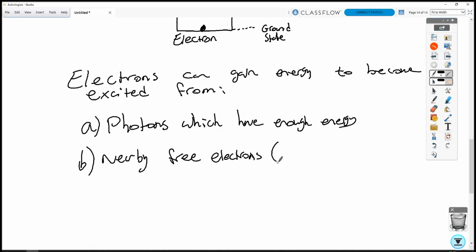And when we're talking about nearby free electrons, we're talking about the kinetic energy of these electrons. So the nearby free electrons will have some of their kinetic energy stolen, and so the free electron will slow down a little bit, or a lot, depending on how much energy was taken from it.